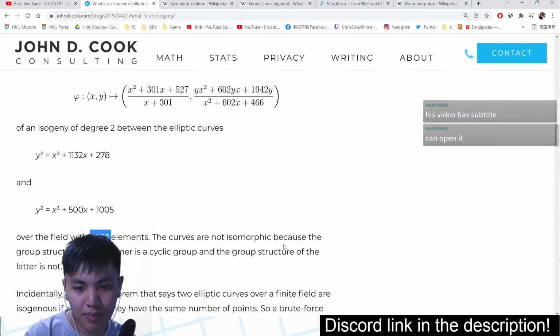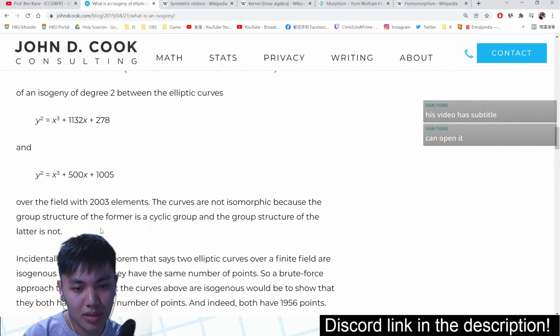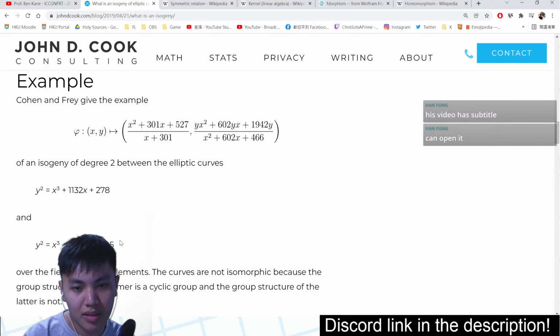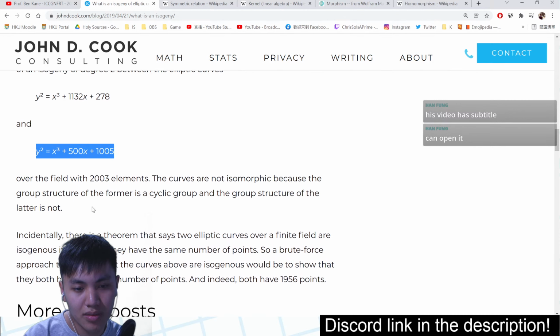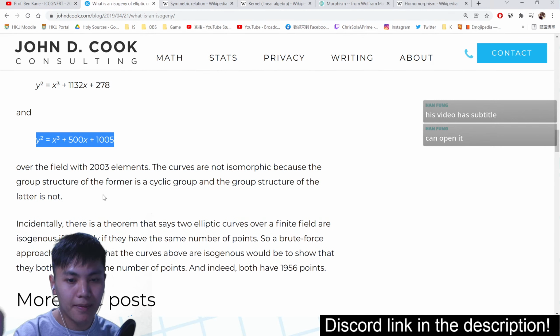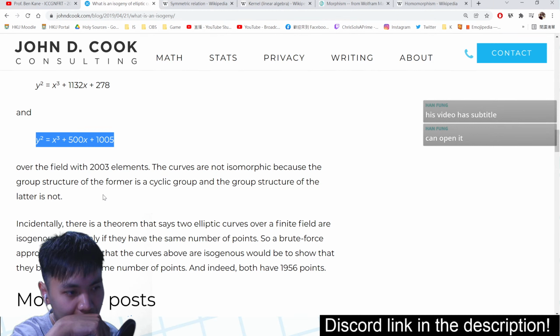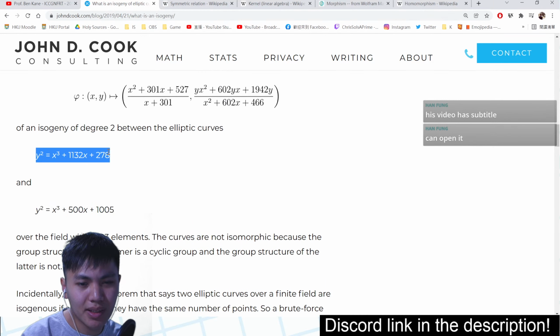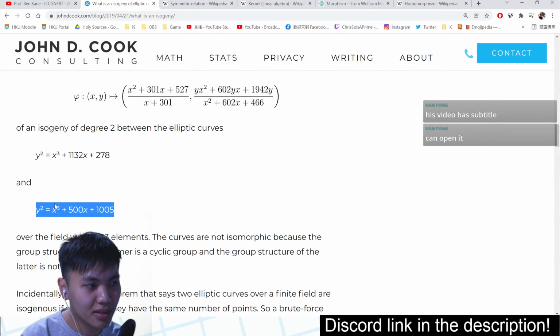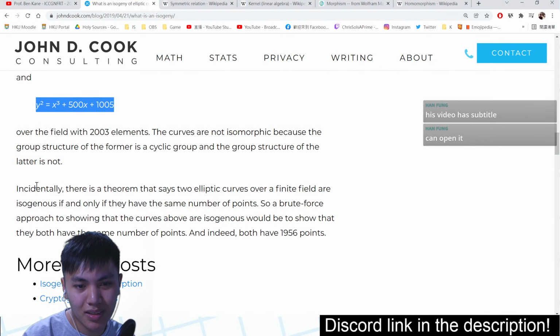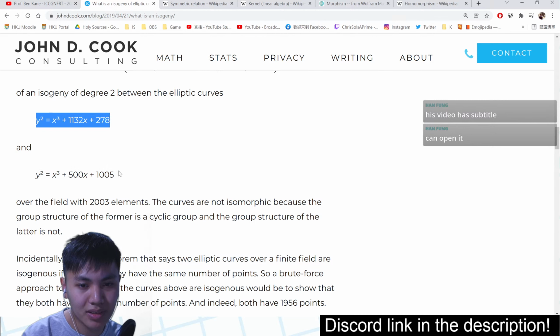The curves are not isomorphic because the group structure of the former is a cyclic group and the group structure of the latter is not. OK, the structures of these two curves are different, so they are not isomorphic, but they are isogenous. Is it because the kernels of the two maps have the same number of elements, I mean the size of the kernel?